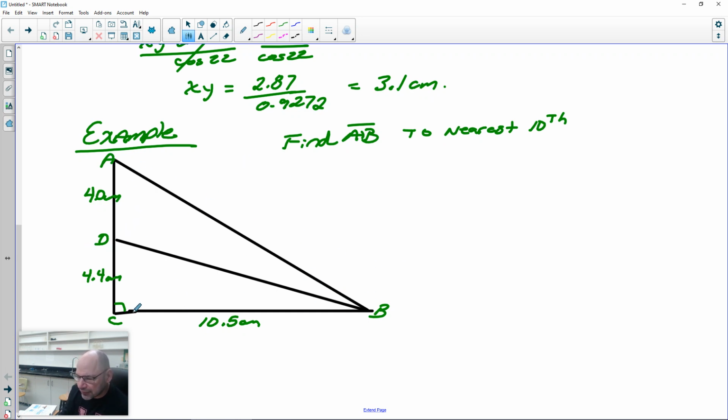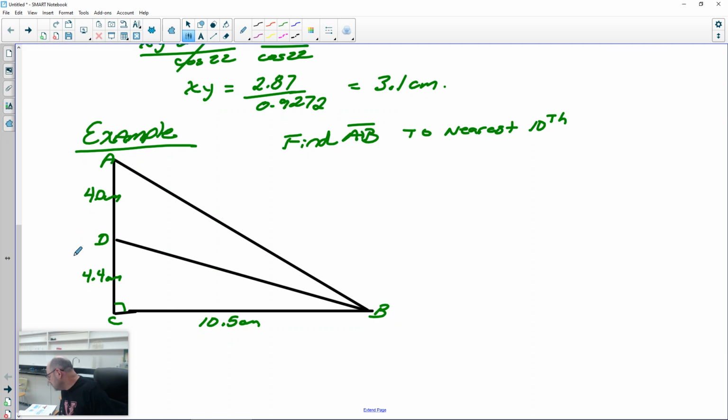So we have to find this AB side. You can see that this is a big right triangle, but this is not a right triangle in here, so we have to find out what these angles are, like the top angle here, so that we can find this angle here and that one there.